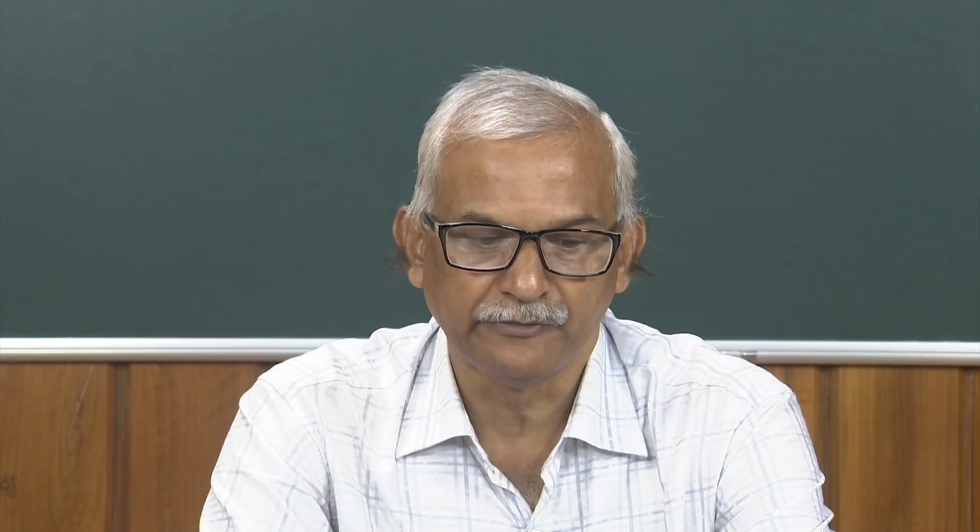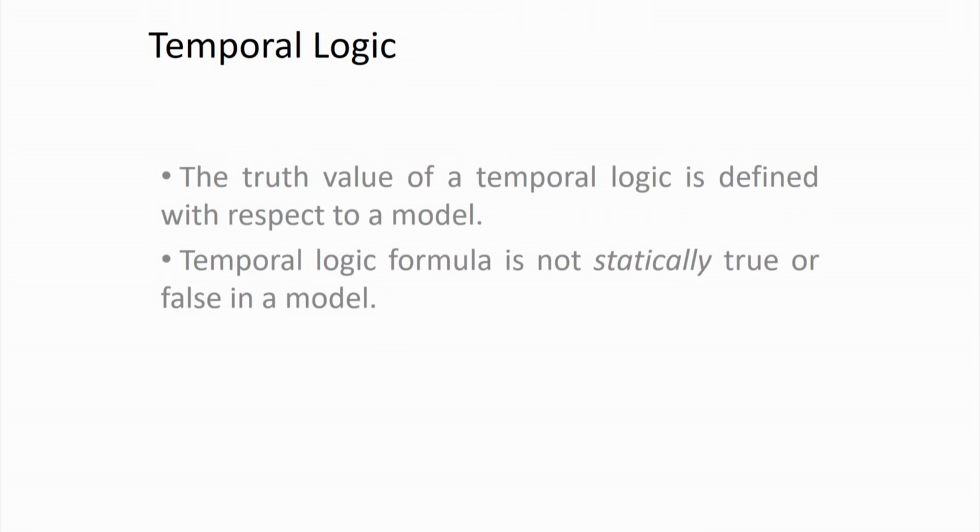So, what are the truth values of a temporal logic formula? The truth value of a temporal logic formula is always defined with respect to a model. If we are writing a temporal logic formula, you simply cannot say that it is true or it is false. The truth value of a temporal logic formula is always specific to a particular model.